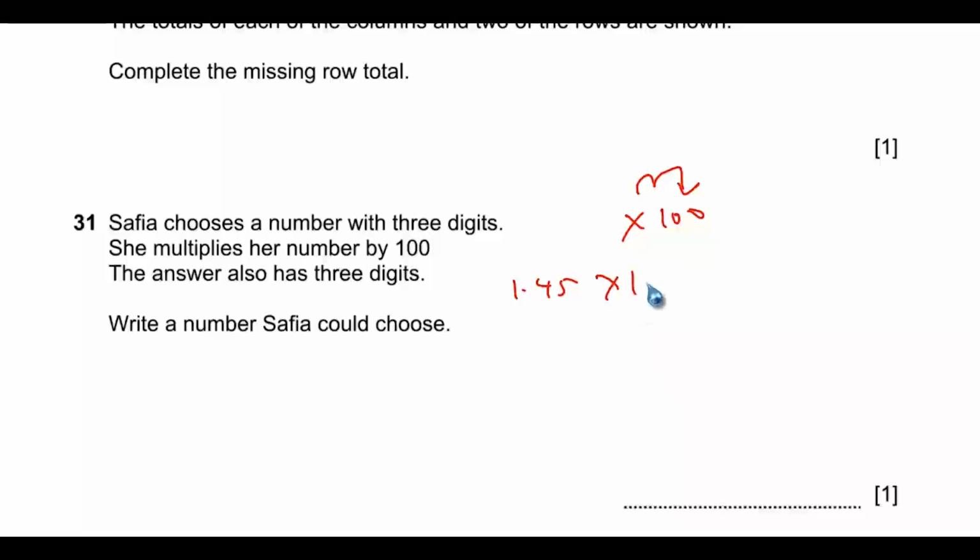If you multiply 1.45 by 100, of course the decimal point will shift twice, 1 and 2, so we're going to have 145. That's 145, which also has 3 digits. So you can choose any number that has 2 decimal places. For me, I'll just pick 4.78, so that's what I'll put there, and I'm okay with that.